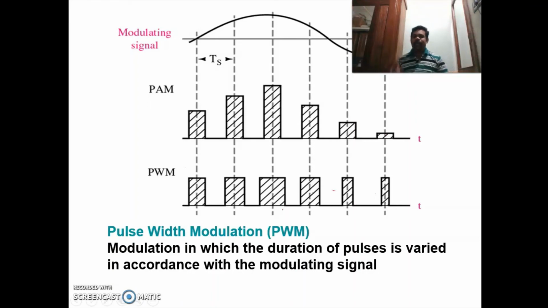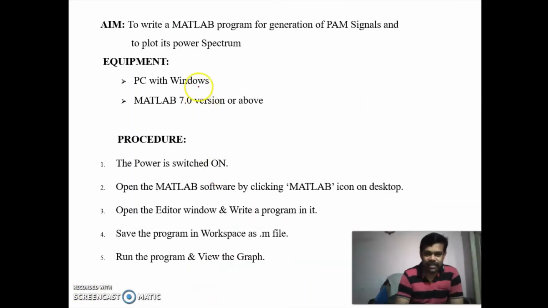Okay, now we have got some idea about what is a pulse modulation, what are its types, and how we are getting the PAM and PWM. Okay, the next experiment is generation of PAM signals and its spectrum.